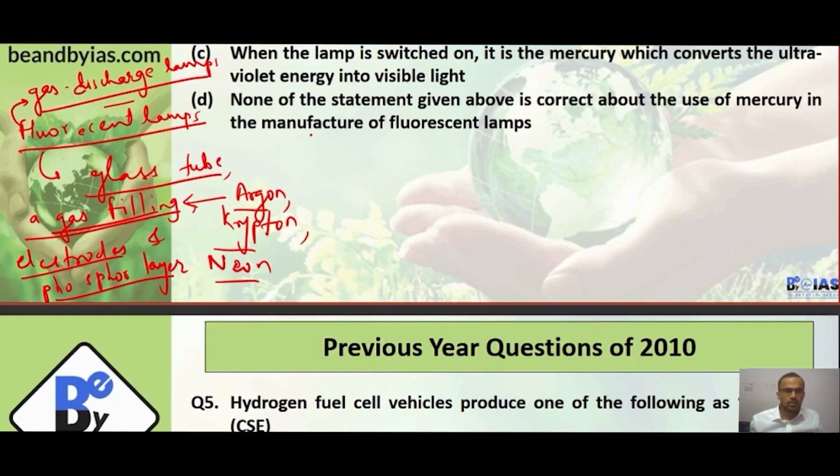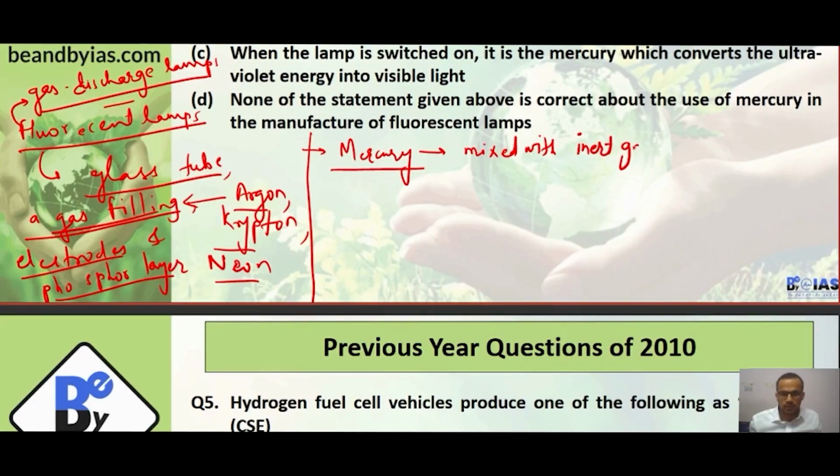Fine. Next point about fluorescent lamps. In fluorescent lamps, a small amount of mercury is used, and that mercury is mixed with inert gases.